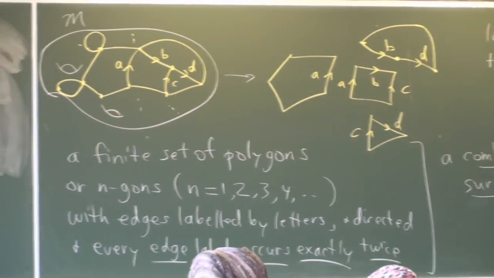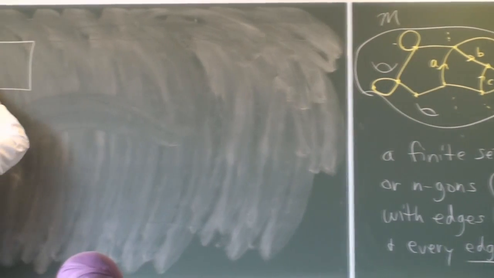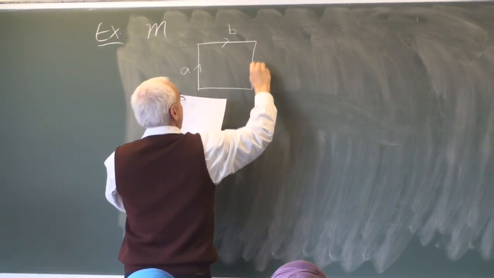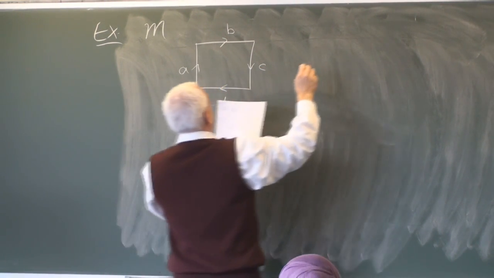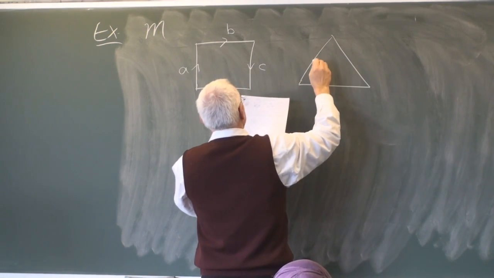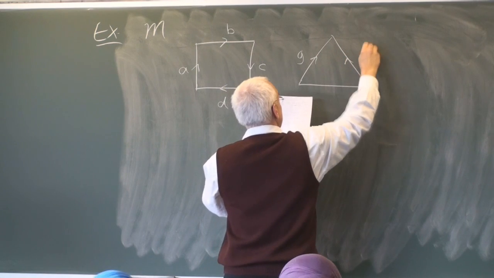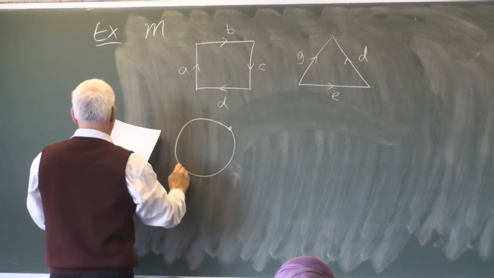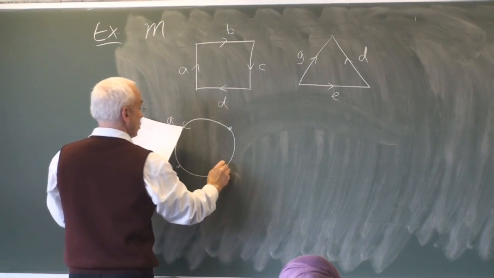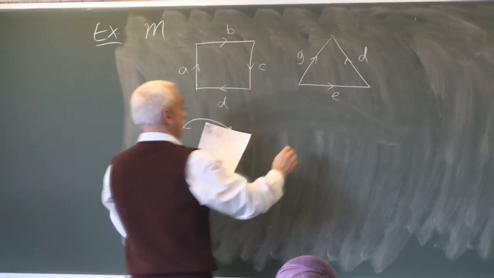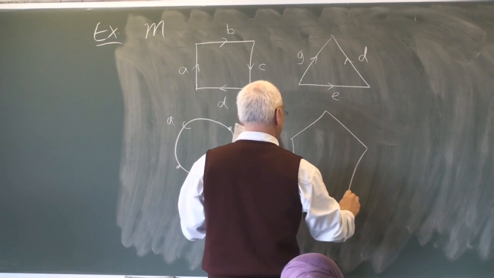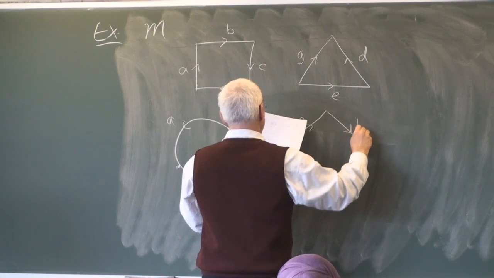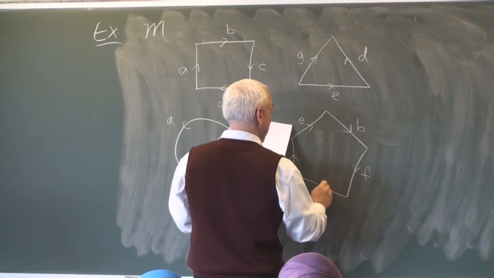So let's create a surface M by having a bunch of polygons, say A, B, C, D, and then a triangle, G, D, E, and a two-gon, edge A and G, and a pentagonal one, edges C, E, B, F, and F.